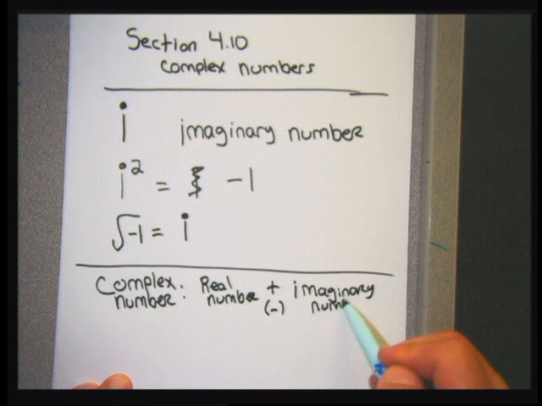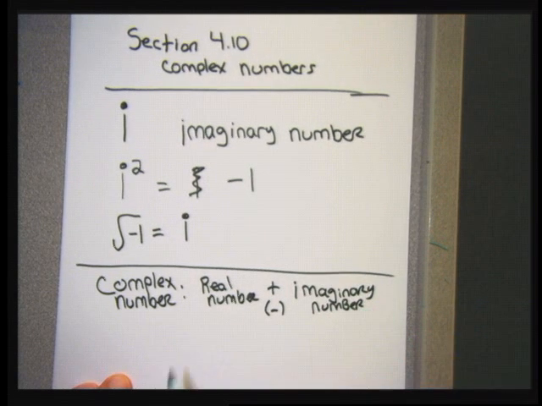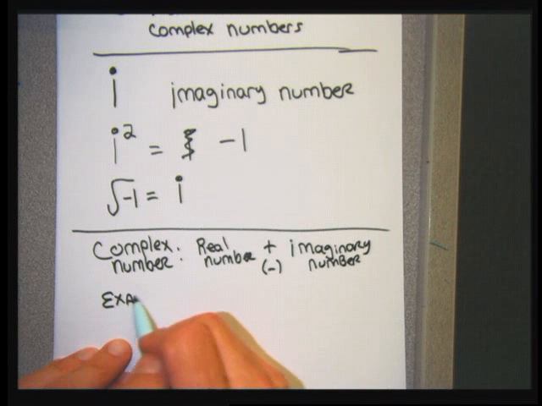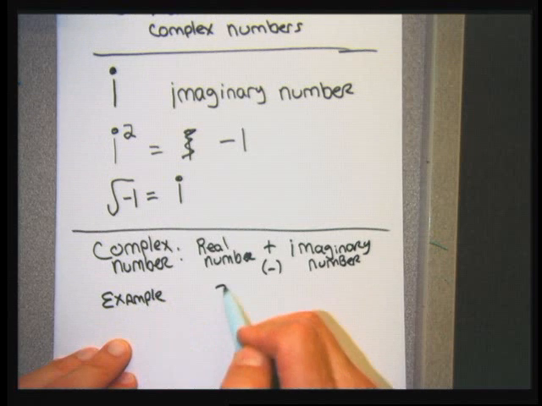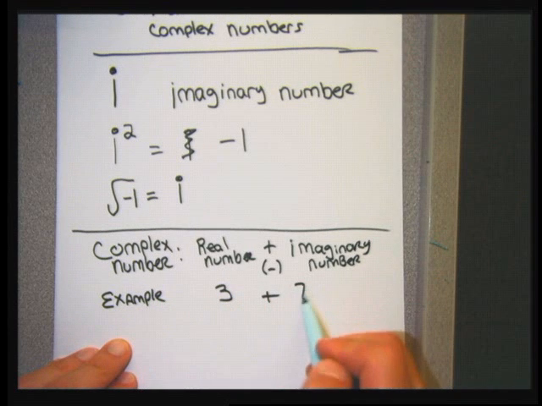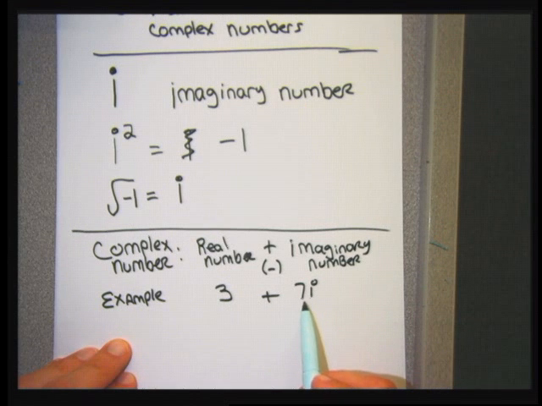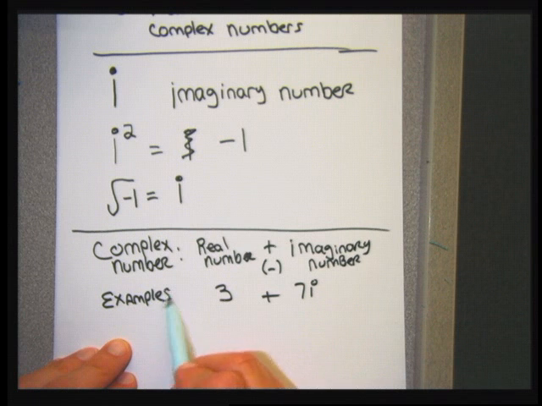Any number that has an i after it is considered an imaginary number. So these would be examples of complex numbers. 3 plus 7i. It's a real number 3 plus an imaginary number 7i. 7i is imaginary because of the i. That's considered a complex number.